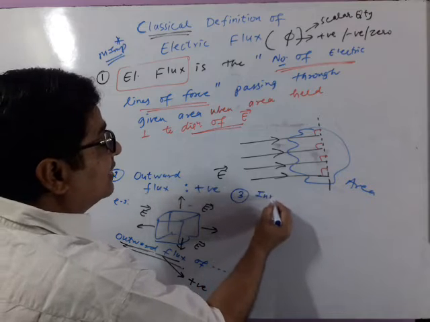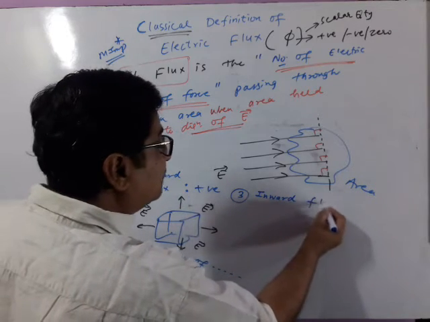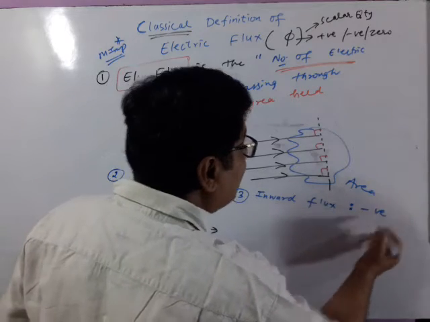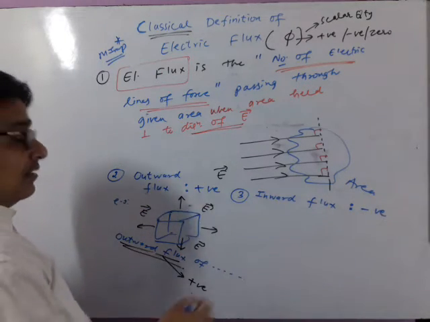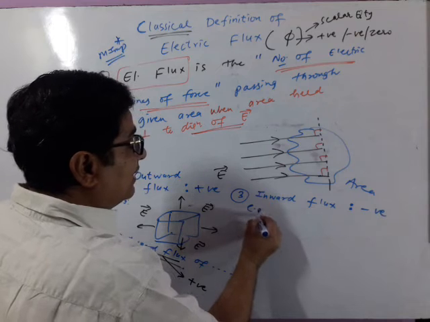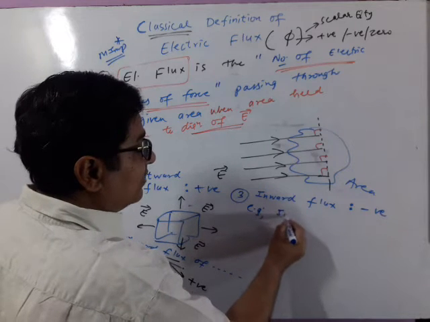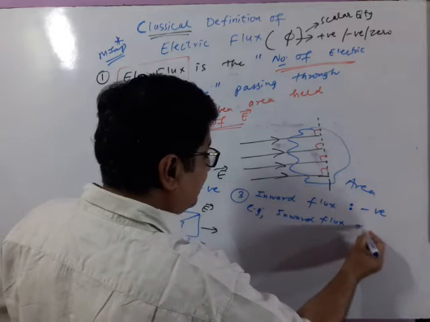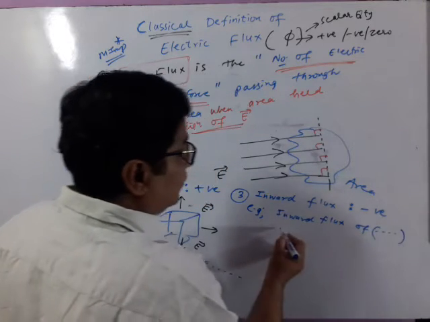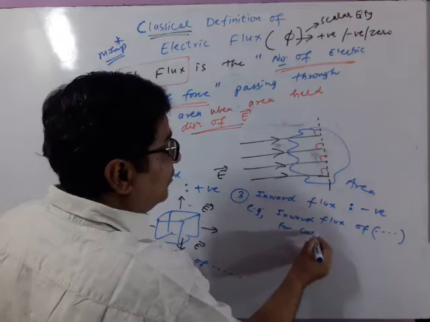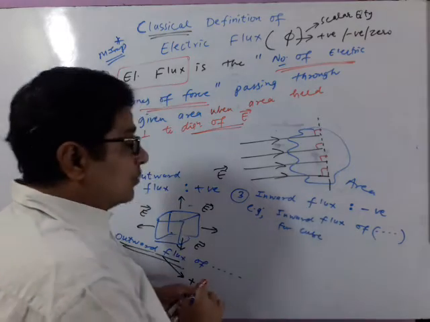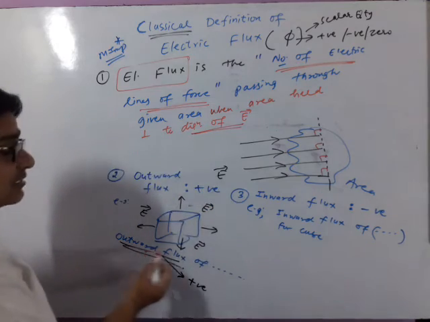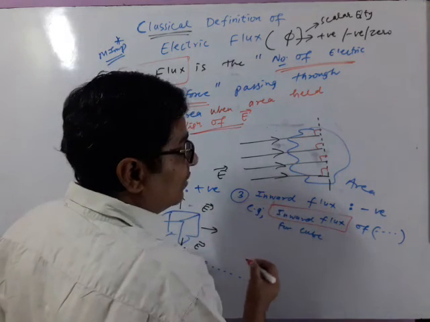Similarly, if in some numerical it is written inward flux, then you will have to take that flux as negative. For example, if in some numerical an inward flux of this much value is given for a cube, you will focus on whether it is outward flux or inward flux.